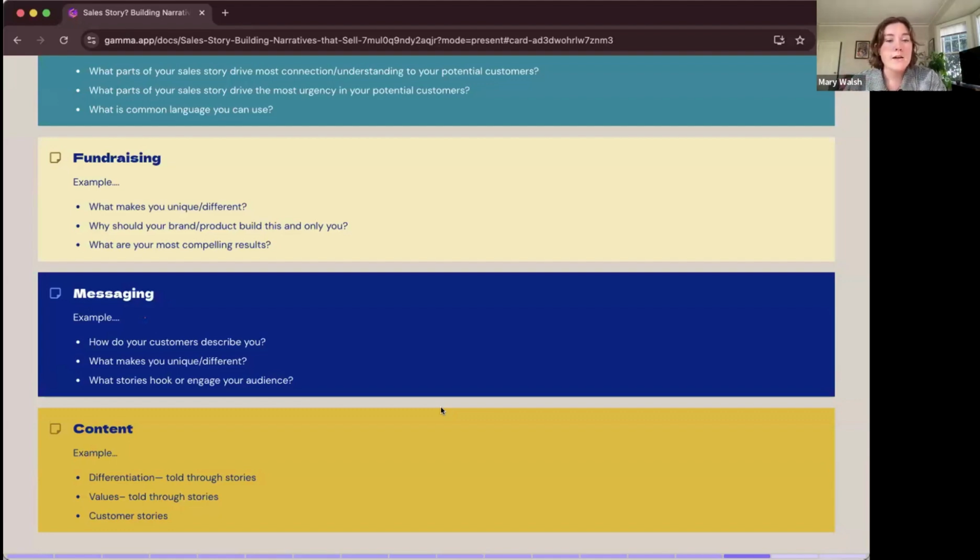You can take the values of your product and why you built it that way. So a lot of these different aspects of your framework, you should think about repurposing for content, but still putting that in a storytelling lens.